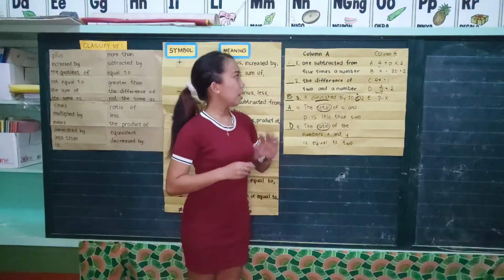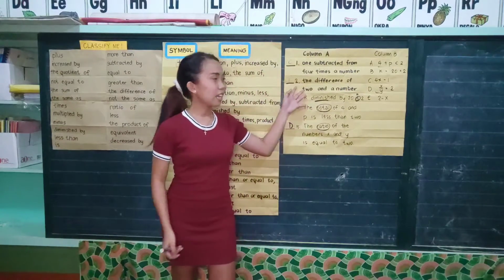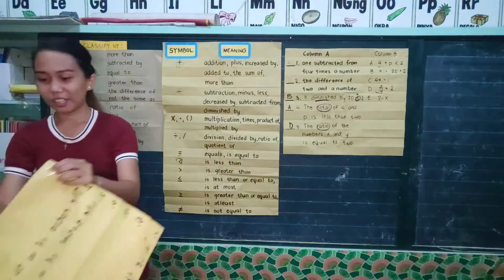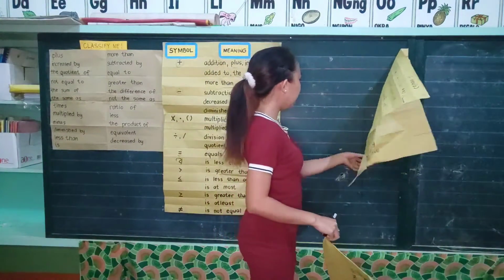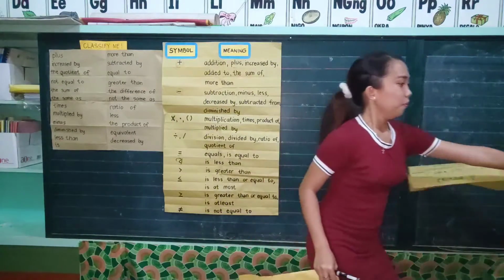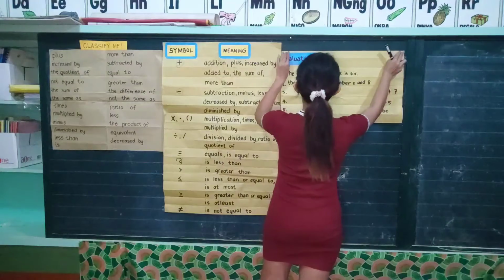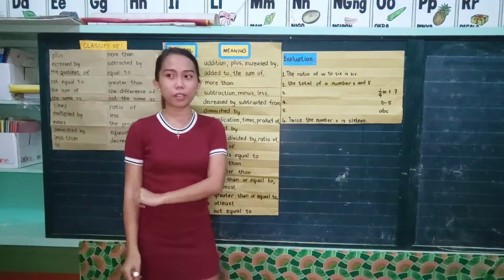Alright, so I believe you understand about this lesson, right? So now I will give you this one. So we will try to answer. I will check your knowledge. Alright, so I will give you 5 minutes for this.